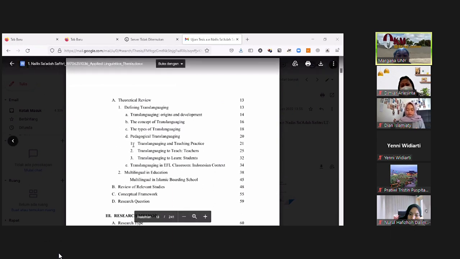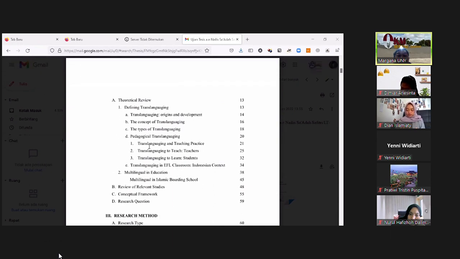So when you deal with theoretical review, you struggle hard to review all of the keywords which are used to solve the problems, to reveal the problems that you have with regard to the title of your research. Take, for example, you have 2 keywords, namely task group strategy.